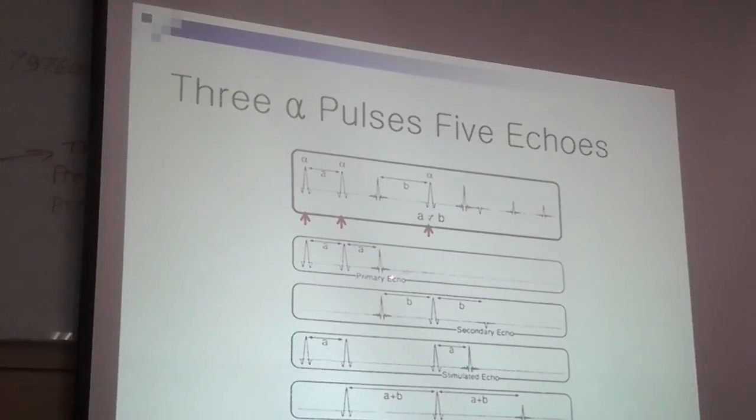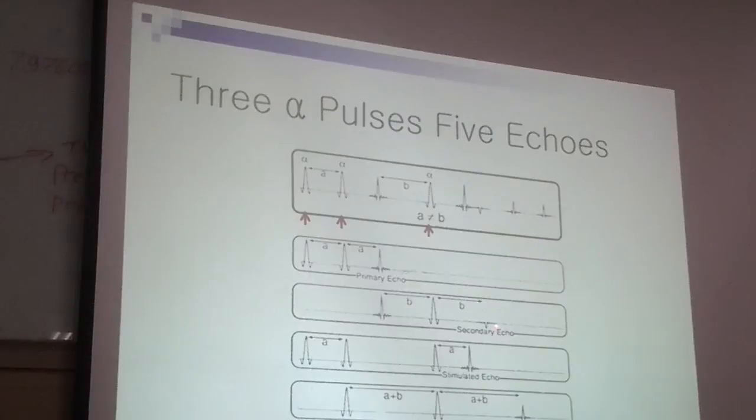These spins are dephased due to the T2 star decay after the primary echo, but the dephased spins are refocused by the second RF pulse here.